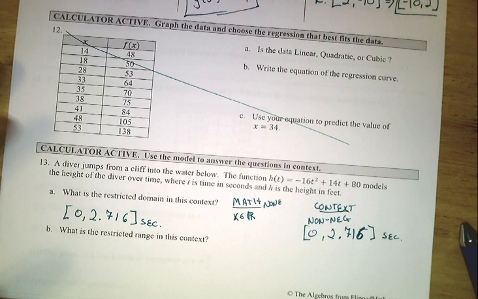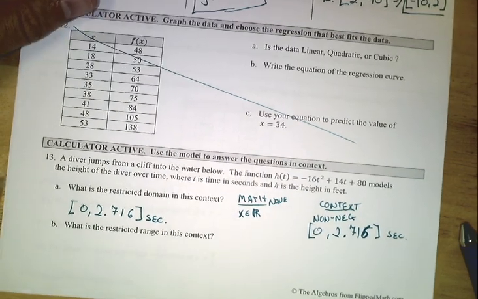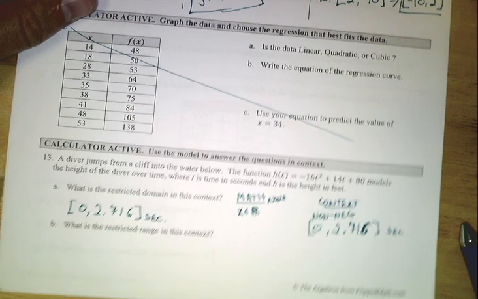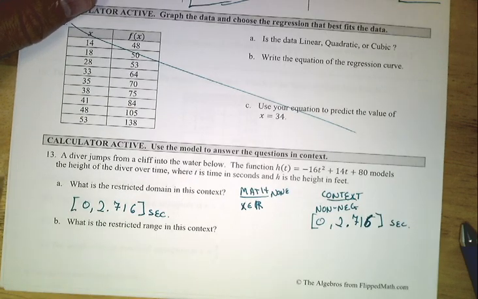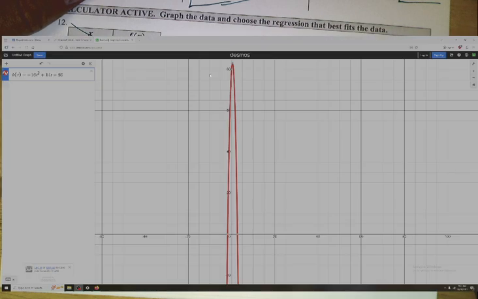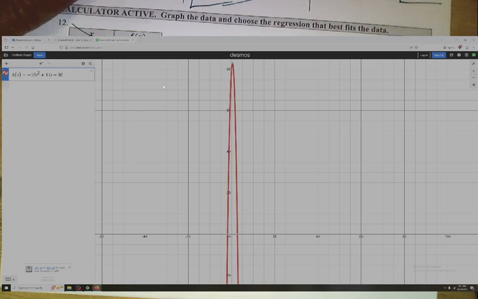And then once he hits the water, it's going to be slightly different. The range is going to be all the possible y values. If you don't want to get confused by the extra stuff on the graph, now that you've figured out the restricted domain, you can type it in.